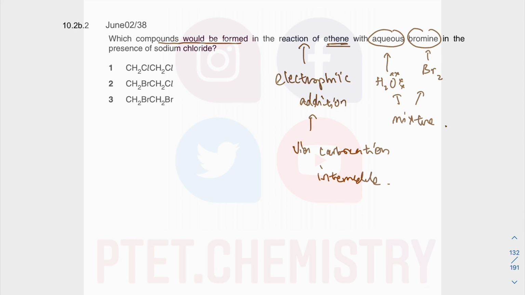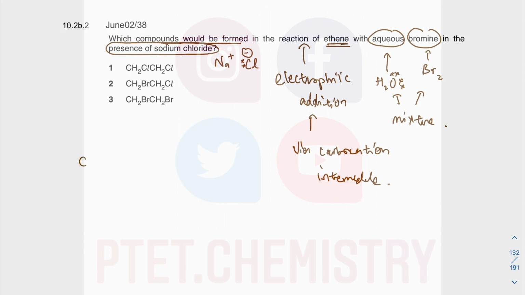And again, to make it worse, in the presence of sodium chloride. So you're going to have sodium chloride like that. And don't forget that when you draw the electronic configuration, if you show the dot and cross for the chloride ion, you also have lone pairs on the chloride that can compete as the nucleophile.